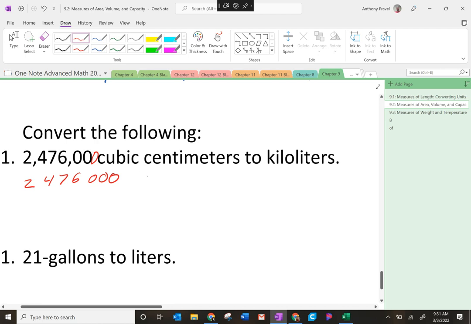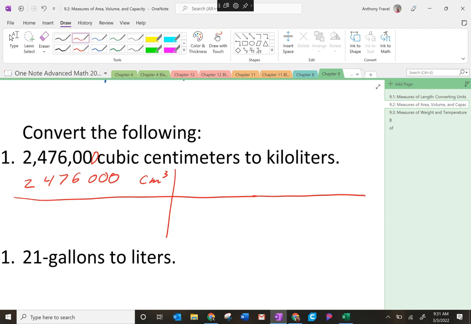All of that is cubic centimeters. I want to change that to kiloliters. Okay. So I know I can change cubic centimeters to decimeters.